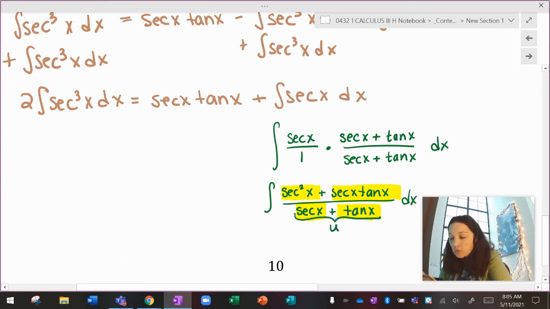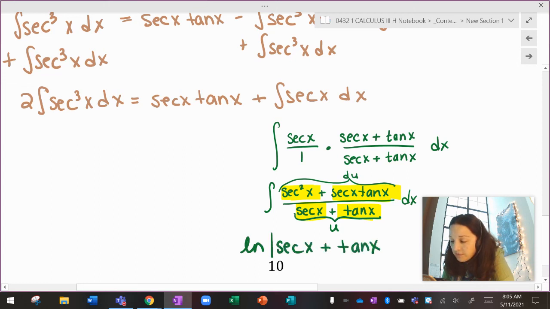This is u. This is du. So this is really the integral of the derivative over the original. The integral of du over u is ln u. So this antiderivative is ln of secant plus tangent.